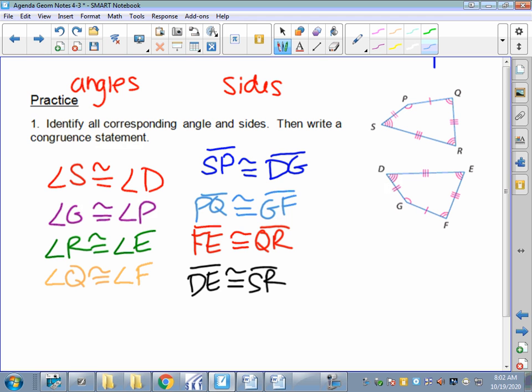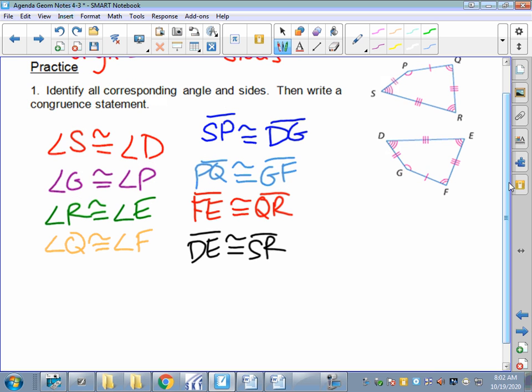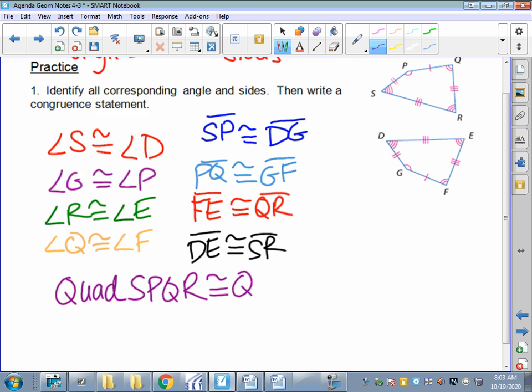Hopefully you're seeing that. Now the last thing it says is to write a congruent statement. So this one, scooch up a tiny bit. If I said quadrilateral, if I name that first one SPQR, is congruent to quadrilateral, how would you name the second one if I did SPQR?